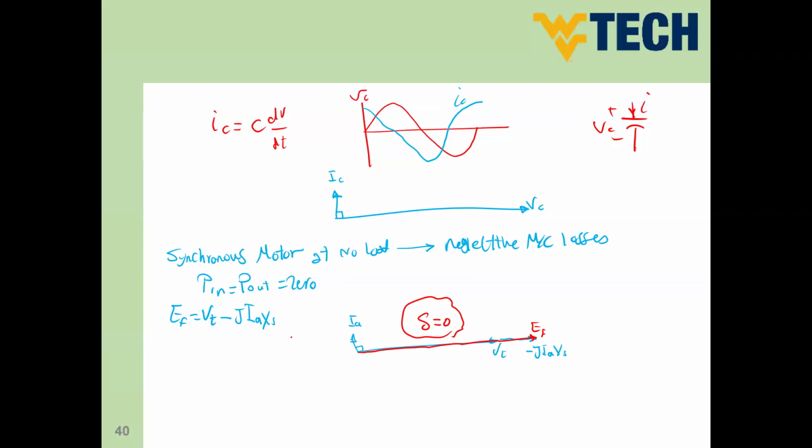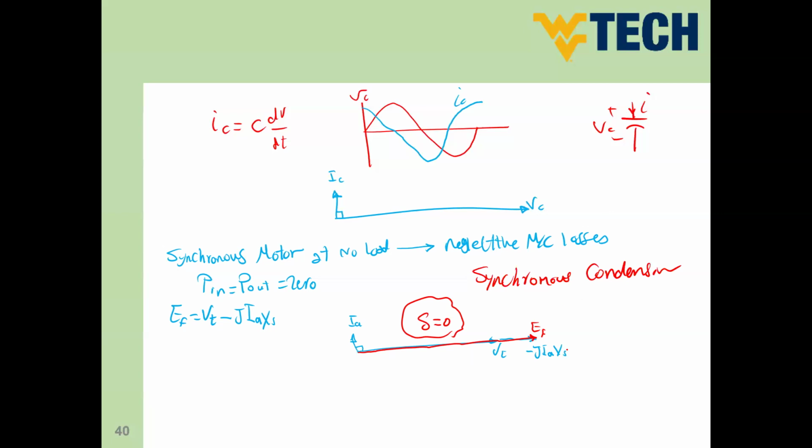In this case, guys, we call this mode of operation, or the machine in this case, a synchronous condenser. Condenser is a capacitor. So synchronous condenser is nothing but the synchronous motor working at no load and overexcited.